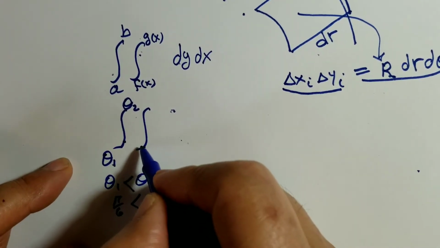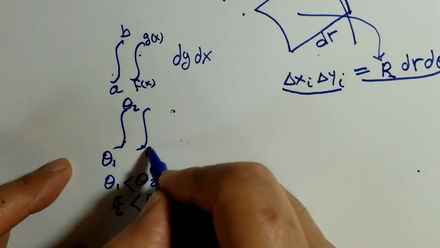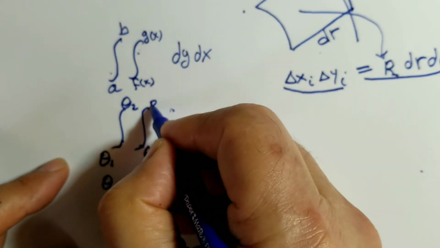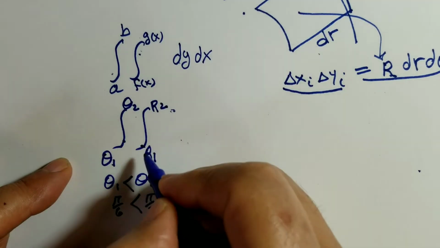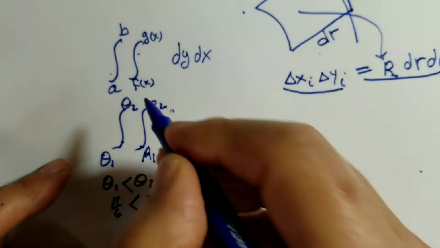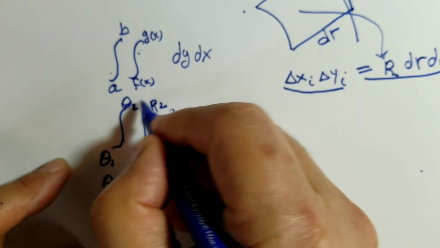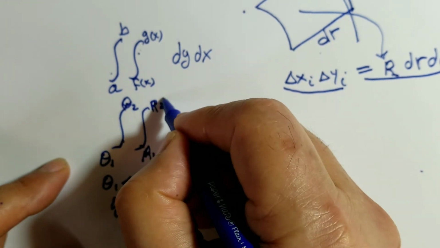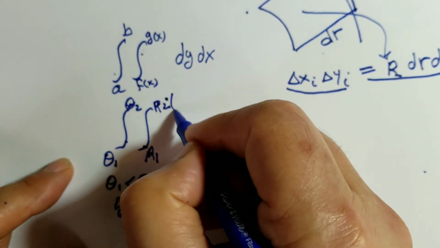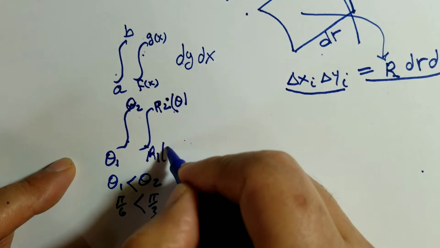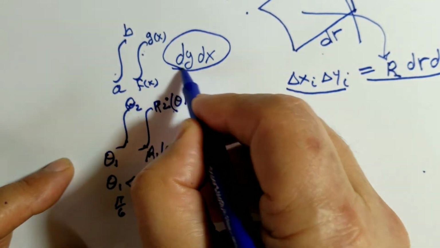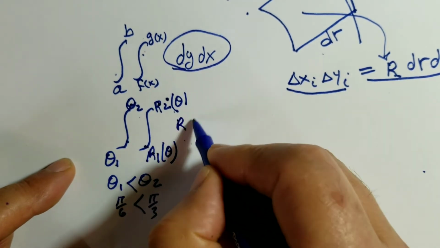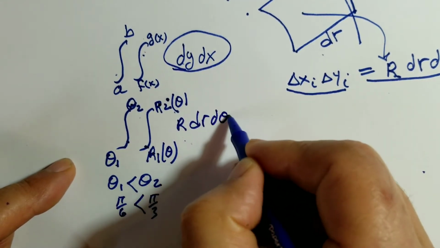But this is your r. This is r1, this is r2. But please remember, because this is the inside function, your r has to be a function of theta. Therefore, r2 has to be a function of theta, and r1 has to be a function of theta. And instead of dy dx, you put r dr d theta.